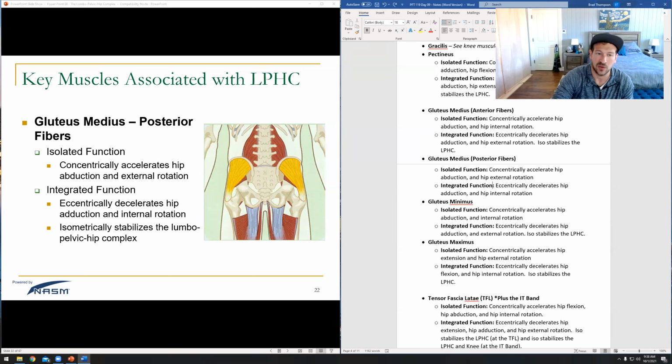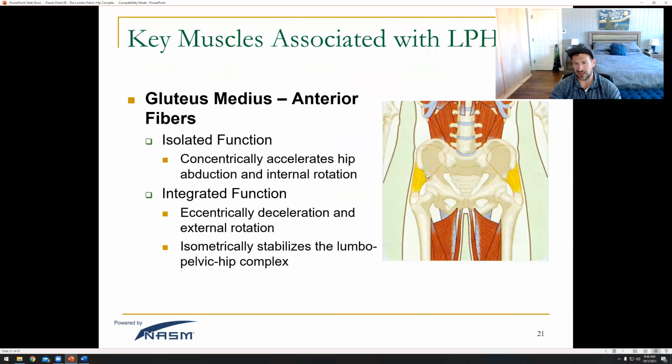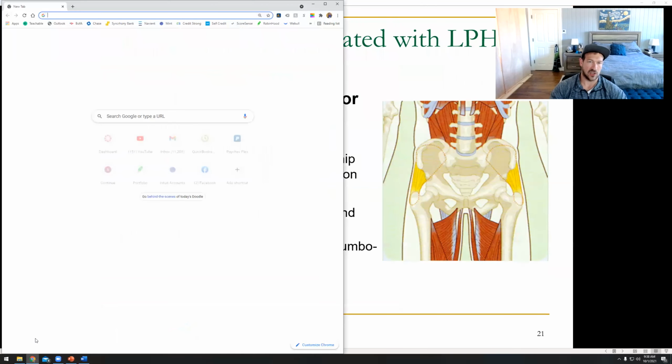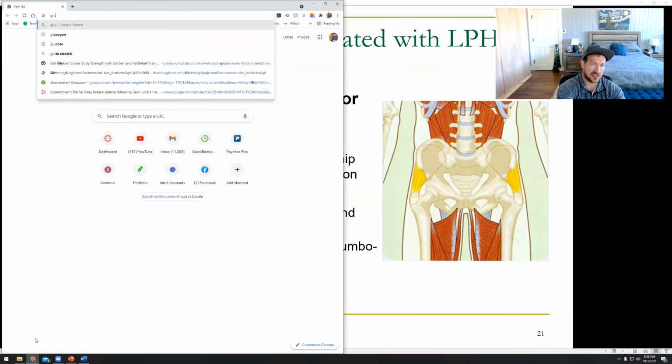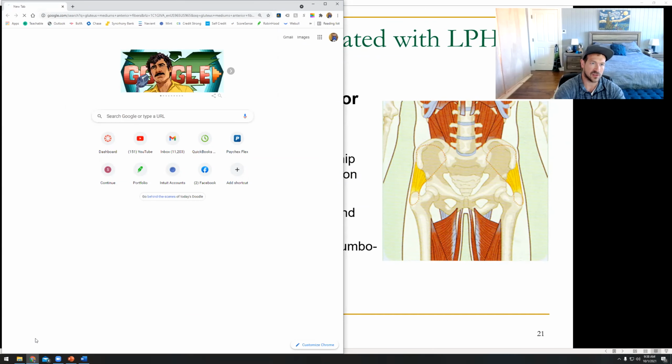So occasionally we'll have some overactivity in glute muscles that will sometimes cause internal rotation of the hip, but that's located near the TFL. See here how they put a dotted line to represent that it's actually on the front there. Let's see, actually I'll pull up a picture of this. Gluteus medius anterior fibers.